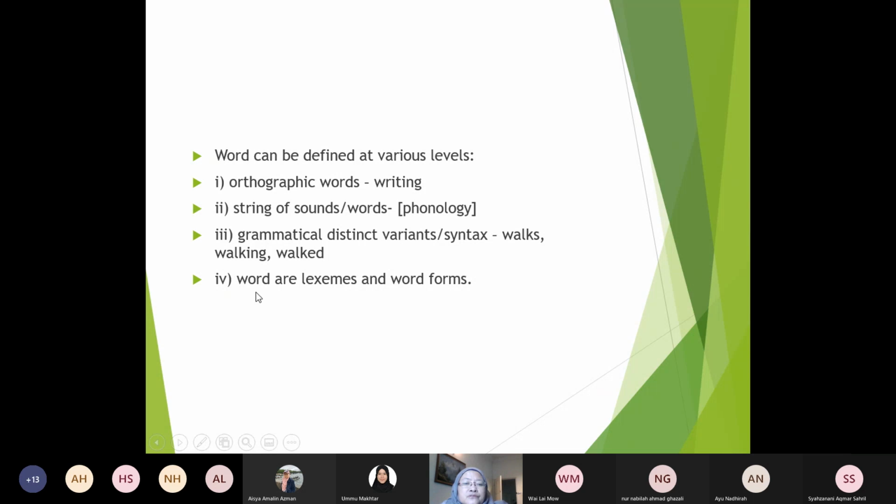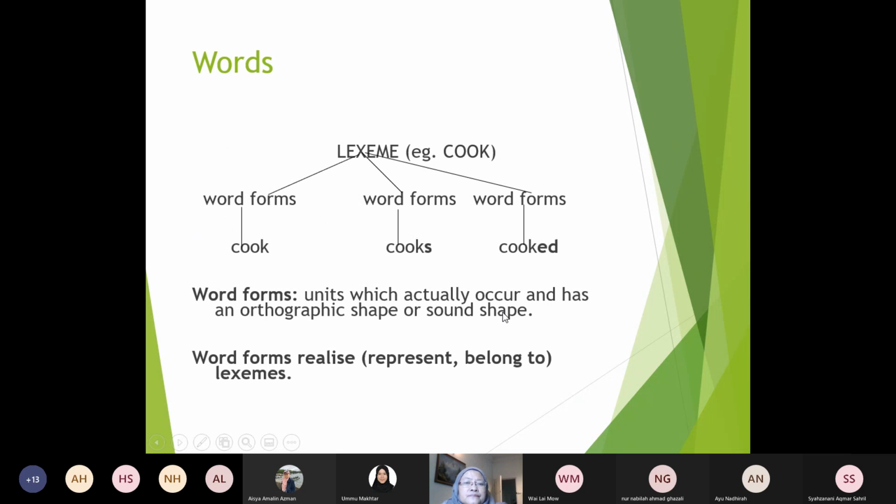And then of course words are also lexemes and word forms. This is something that we will see later. So lexeme is kind of abstract. In our mental lexicon, words are lexemes first, and then they are connected to the word forms.